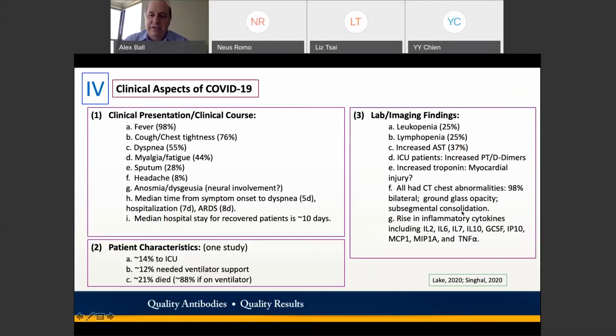And really the key here, as I think becomes more and more the case, is the rise in inflammatory cytokines, including IL-2 and, as we'll see, particularly IL-6, but a series of pro-inflammatory cytokines that can lead to the very severe clinical course that happens in many of these patients.